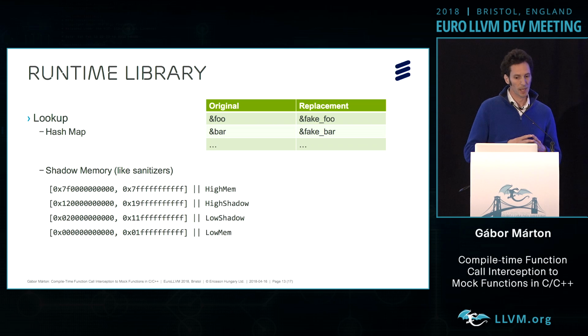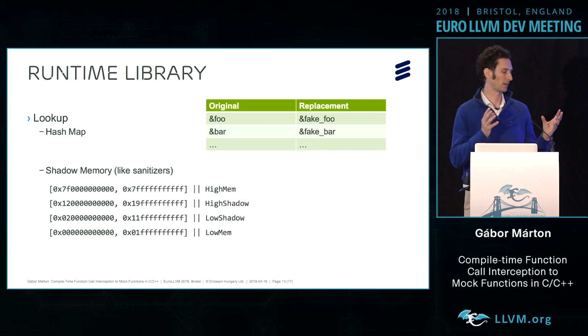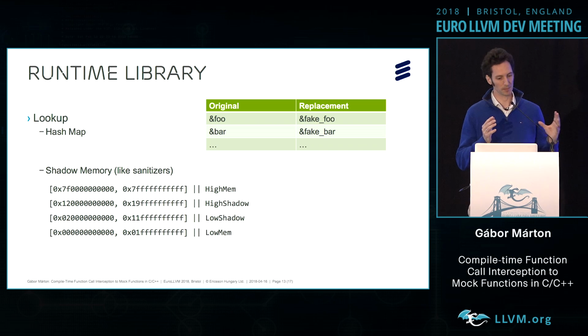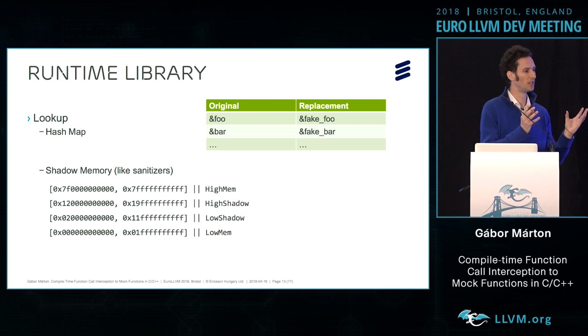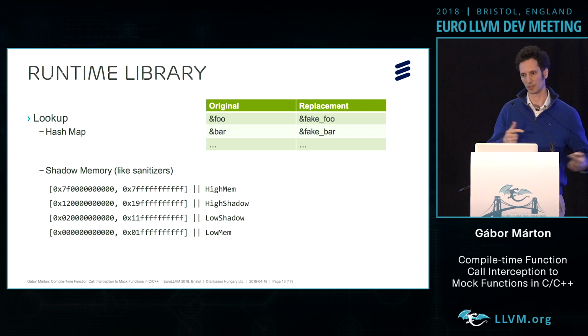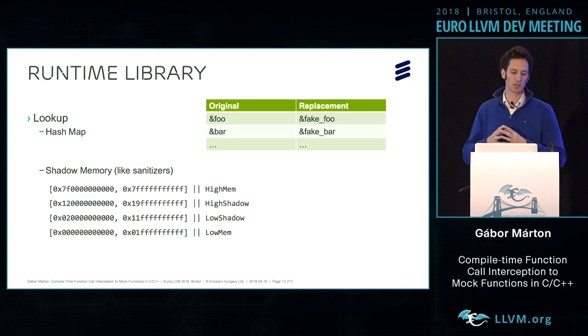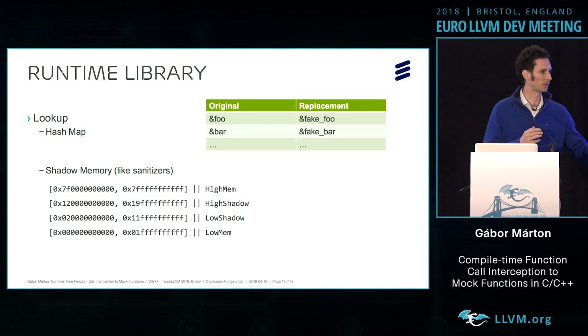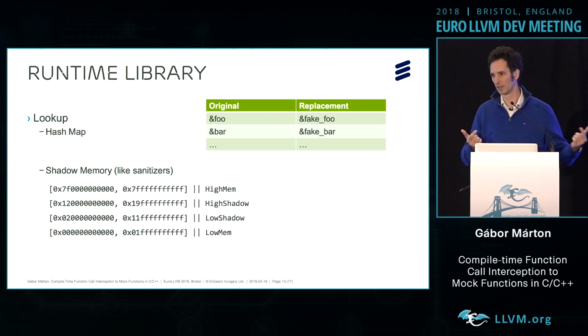So the runtime library is actually nothing more than a lookup and a hash map. So if we have an entry in a hash map, that means we have to replace a function with a substitute function. Actually, we use a technique which may seem familiar to you, the shadow memory technique.